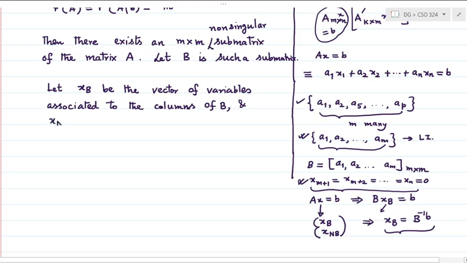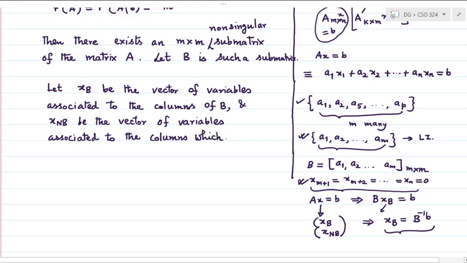and xNB be the vector of variables associated to the columns of A which are not in B. Fine.